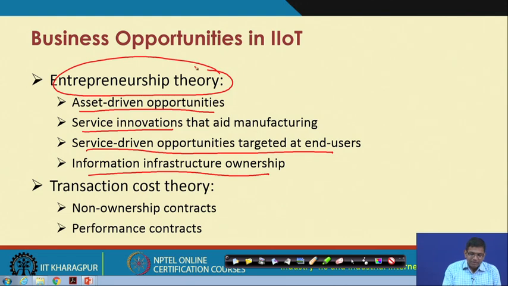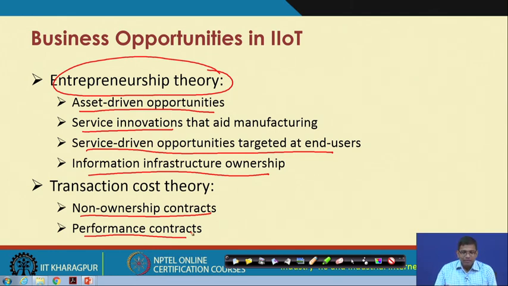So, negative aspects such as non ownership contracts, performance contracts. Performance contracts means the business is offering different assets, and assets means machinery, etc. They will have their own different types of performance, at different times they will have different performance, the performance is going to degrade, etc. So, these are contracts between the service providers and the service consumers, basically the company as well as the end users who are consuming.